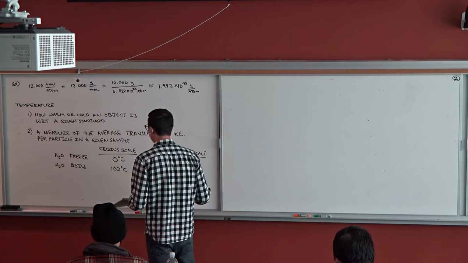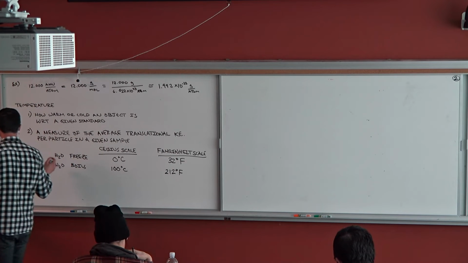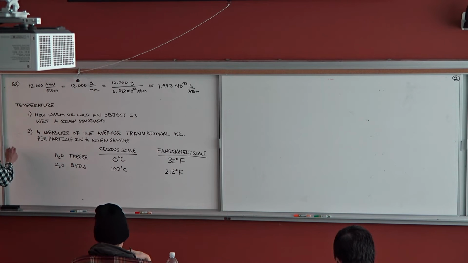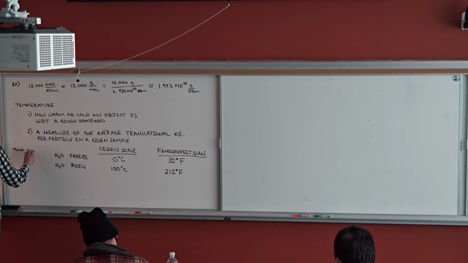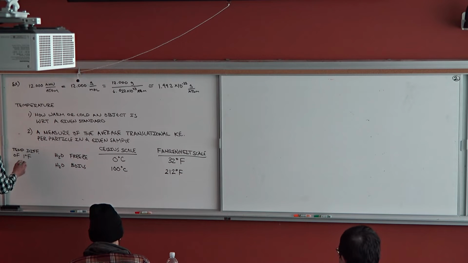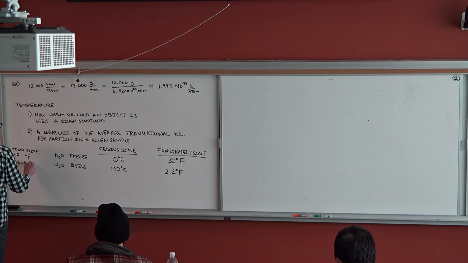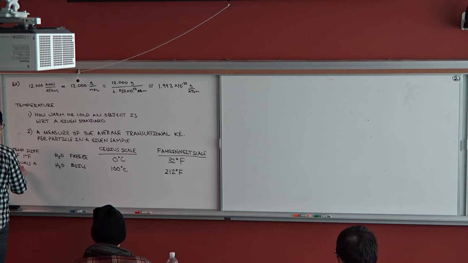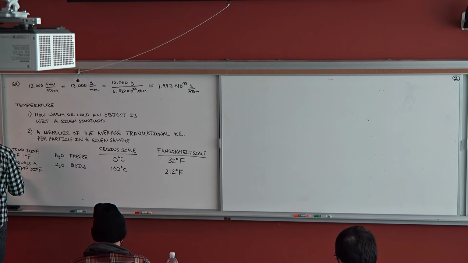It also should be noted that a temperature difference of 1 degree Fahrenheit is equal to a temperature difference of 5/9 of a degree Celsius.